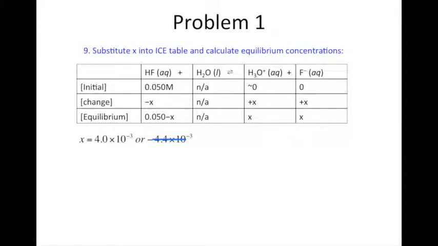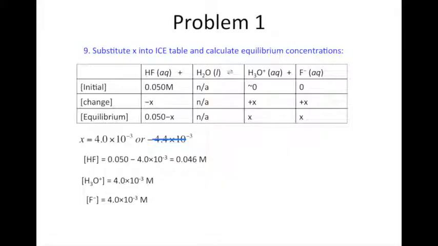So our value for x is 4.0 times 10 to the minus 3. So that gives me my hydrofluoric acid equilibrium concentration, 0.05 minus x, and my concentration of hydronium is equal to x, or 4.0 times 10 to the minus 3, and the fluoride equilibrium concentration is the same.